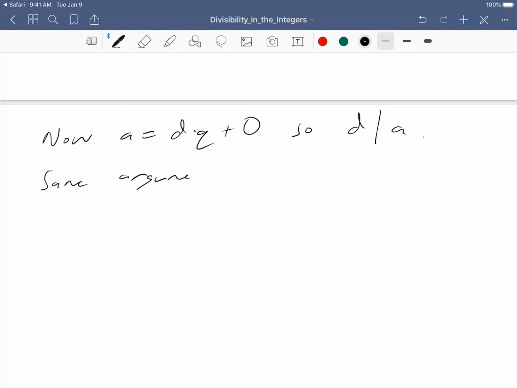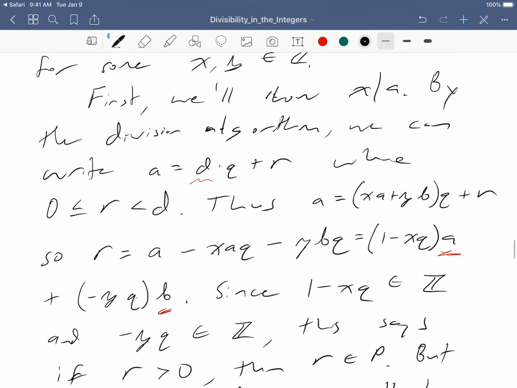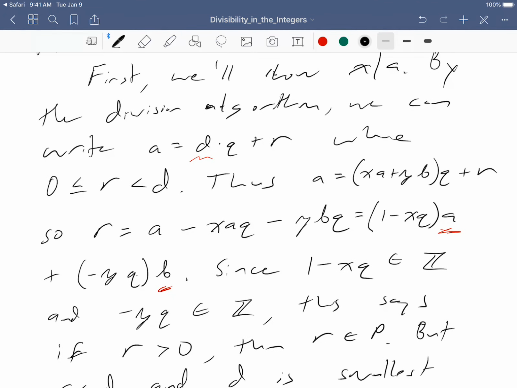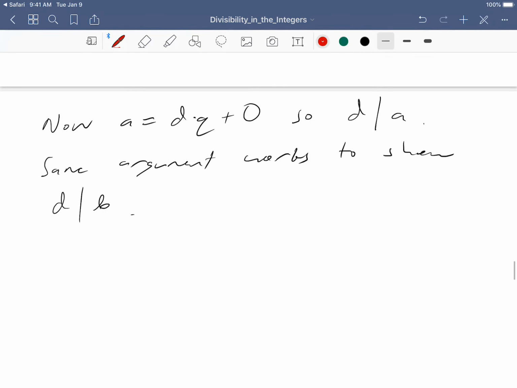Same argument works to show D divides B. So if we look back where we started, first we're going to show D divides A. What we did was we set up this, write A as D times Q plus R. If we instead do the same thing with B and trace that all the way through, the exact same argument, we will show that D divides B, and that's something that you should try to write up on your own.